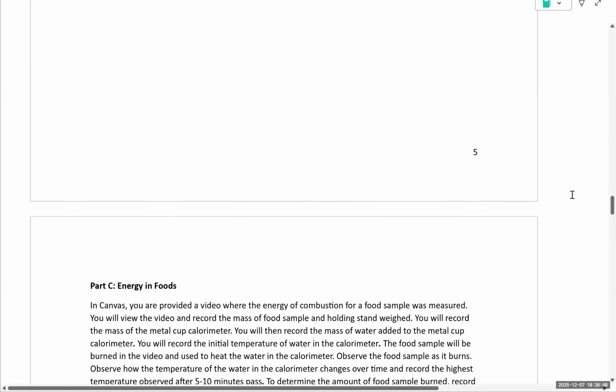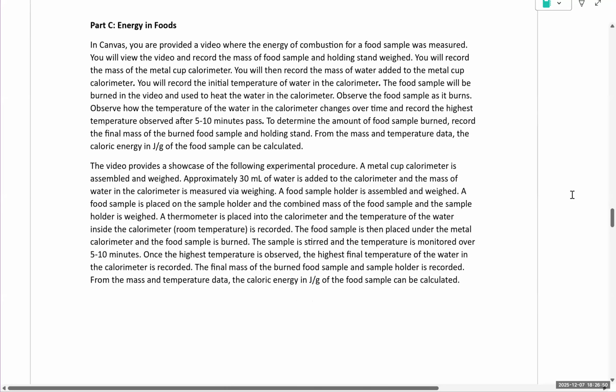Okay, let's move on to the next part, energy in foods. If you look at a food label, you often see that the labels have certain calorie values. This is essentially a measure of how much energy that food sample can provide, where if you were to eat the food sample, how much energy does it have that can be used for biological reactions and other purposes.